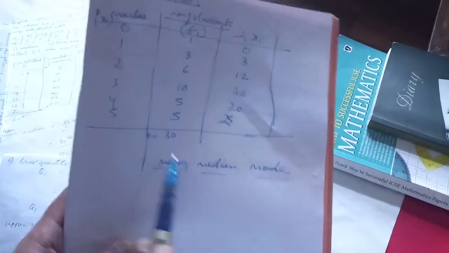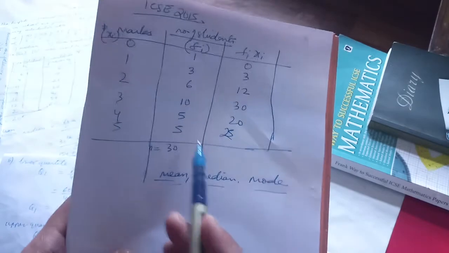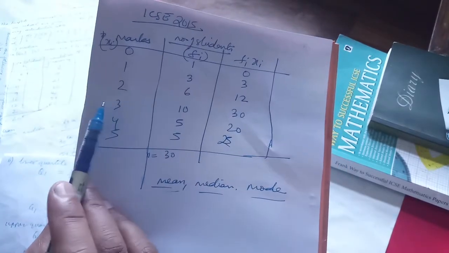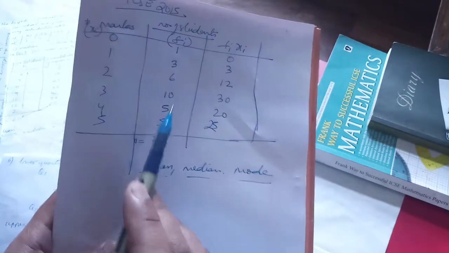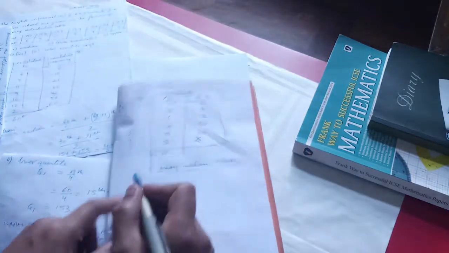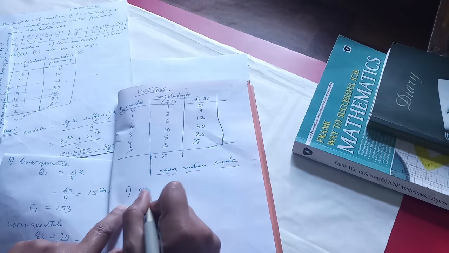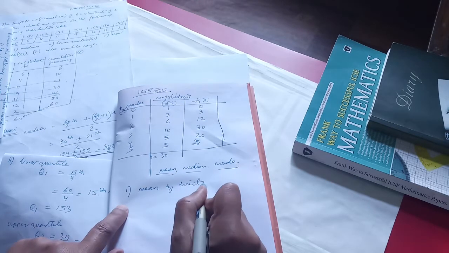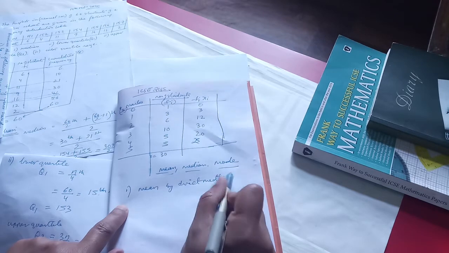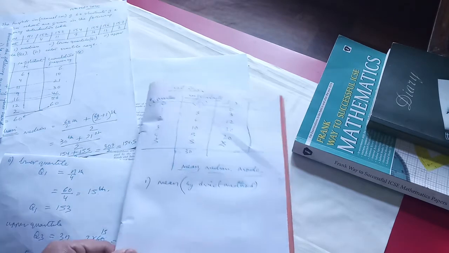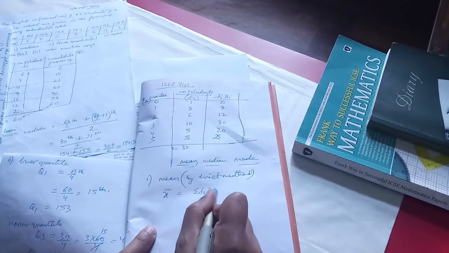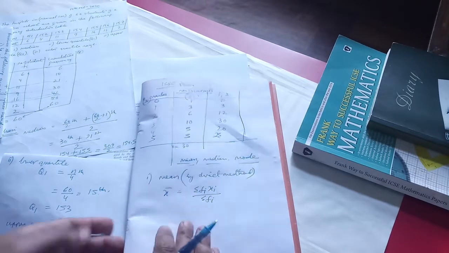See, first find the mean. So this is a distribution table. So Xi, it is already given single value. It is not in the grouped. Frequency is given. So multiply this. So number 1, mean by direct method. We are finding mean by direct method. So it is very easy. Summation Fi Xi by summation Fi.